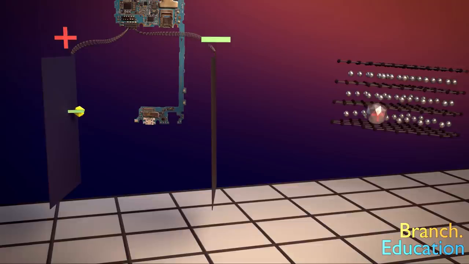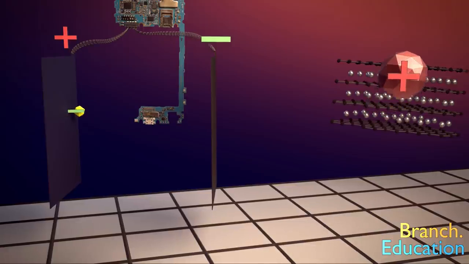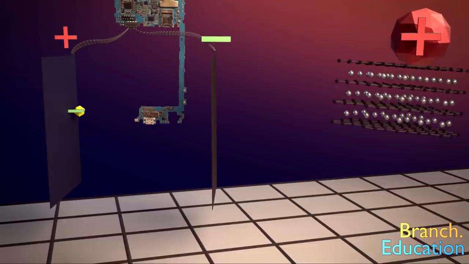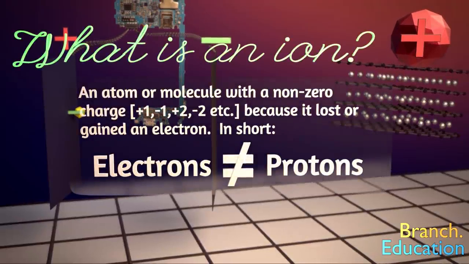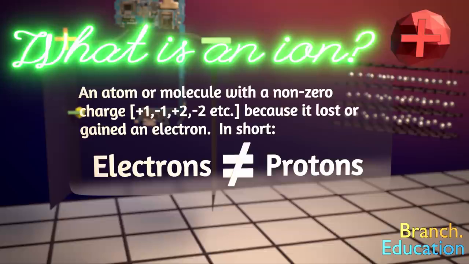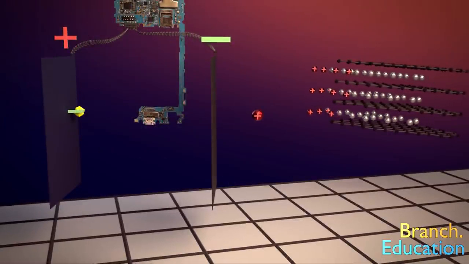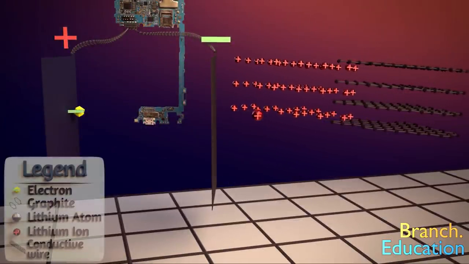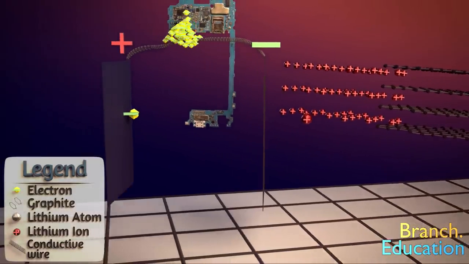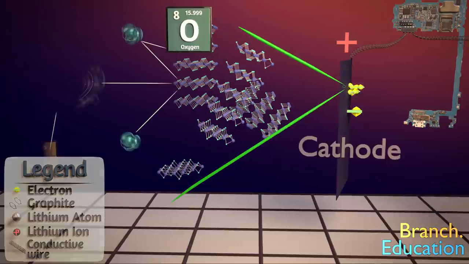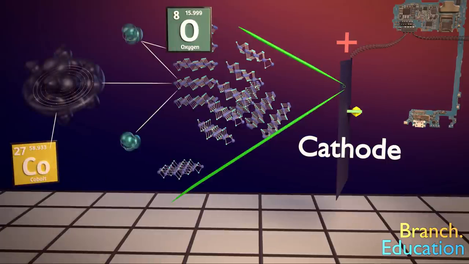At the same time, the lithium leaves the graphite and becomes positively, or +1 charged, and is now called a lithium ion. FYI, an ion is just a fancy word for an atom that has lost or gained an electron and thus is charged. When a lot of lithium atoms leave the graphite at the same time, a flow of electrons is built up.